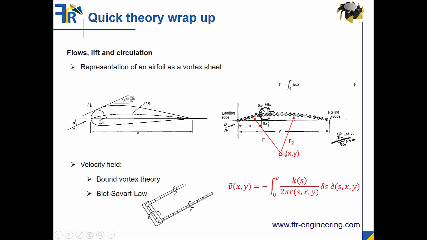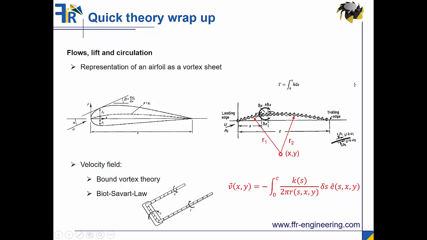The influence can be determined by a formula where you have a point in space, and again the line integral over the camber line with the vortices, and you have something which you recognize from the Biot-Savart law, and then the distance, which depends on your position and also on the line coordinate system.